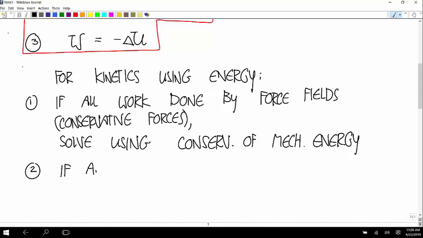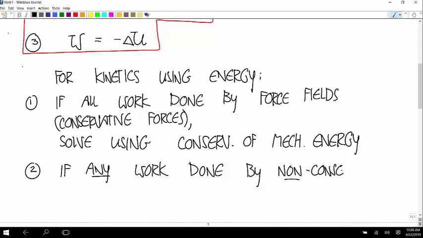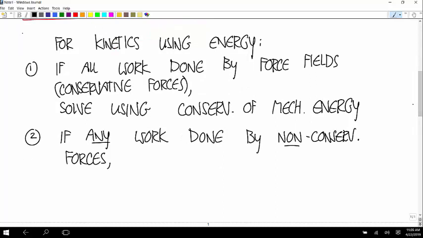If any work is done by non-conservative forces, then solve using the work energy principle.